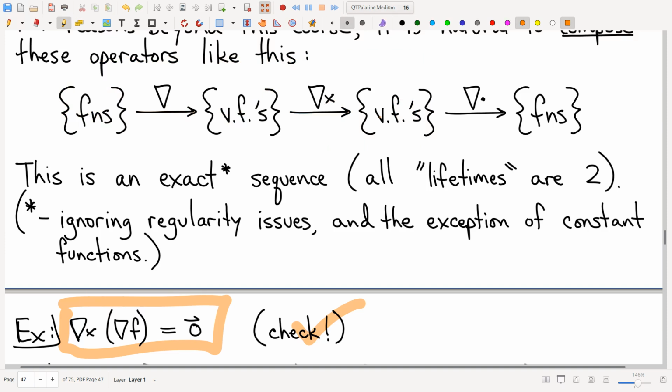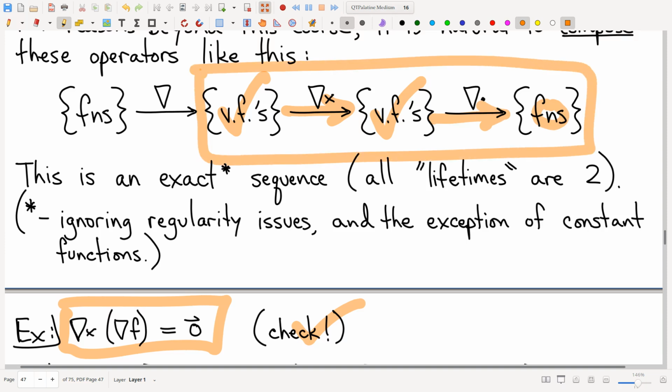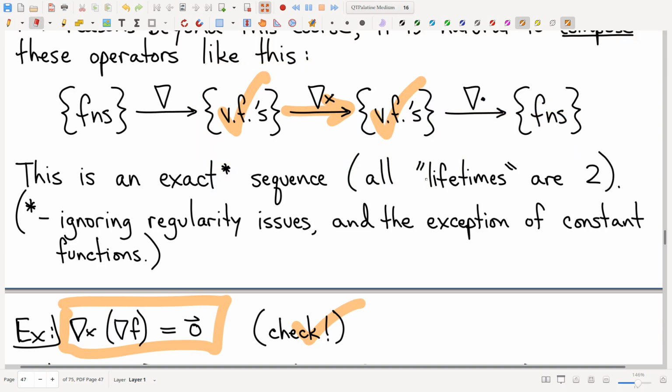And likewise, if you have a vector field, you take the curl, you get a new vector field, and then you take the divergence of that, 0. Again, a lifetime of 2. By the way, here's another thing that I can conclude from the lifetime being 2. Let's suppose I've got a vector field. I look at its curl. The curl is not 0.